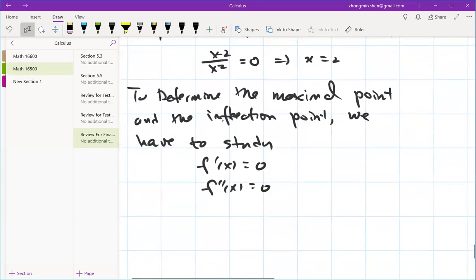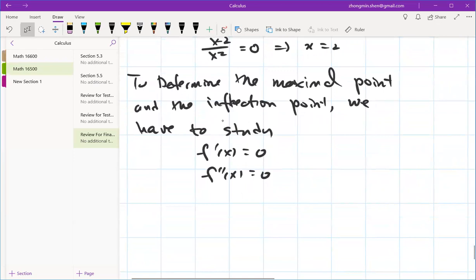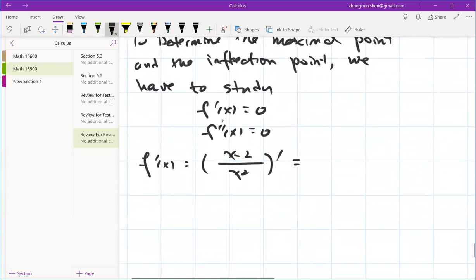Okay, let's look at the derivative. How can I do that? Well, f prime of x is going to be the derivative of x minus 2 over x squared, right? And that is going to be x to the fourth.